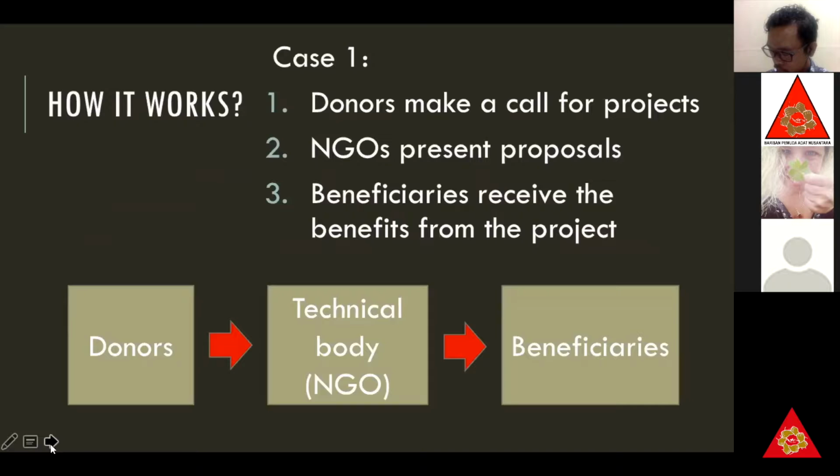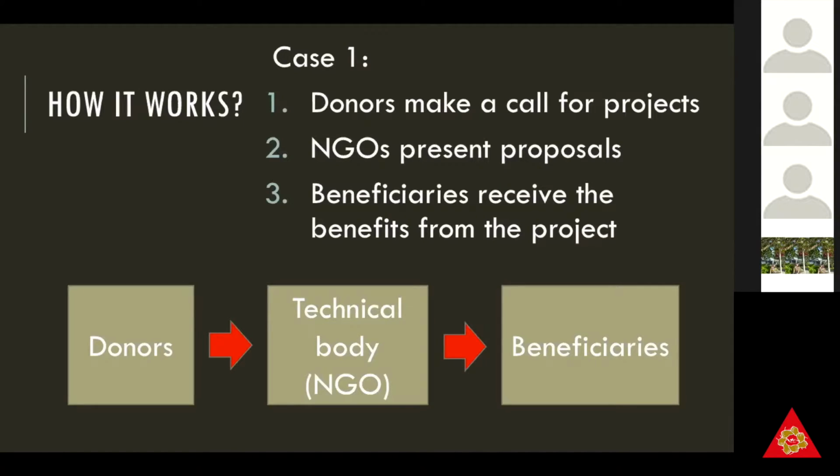Well, I don't know if you can see my small pointer, my mouse. At first we have donors who have money, and usually they make a call for projects. They say, well, we have, I don't know, $1 million and we want to make projects. So they make a call, and there are different technical bodies.